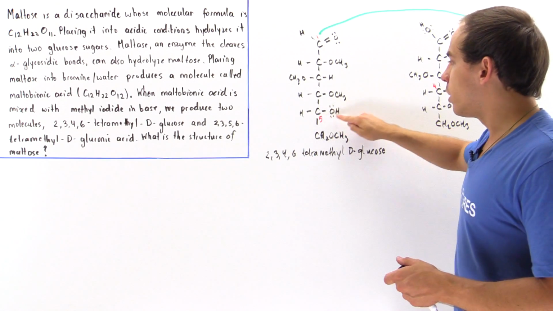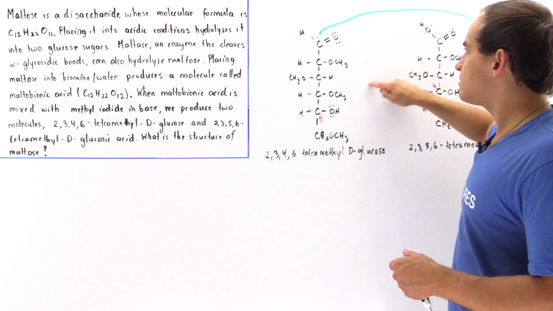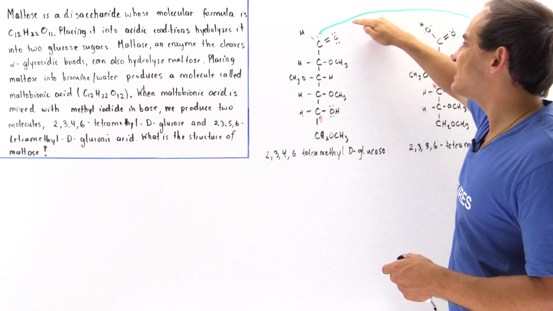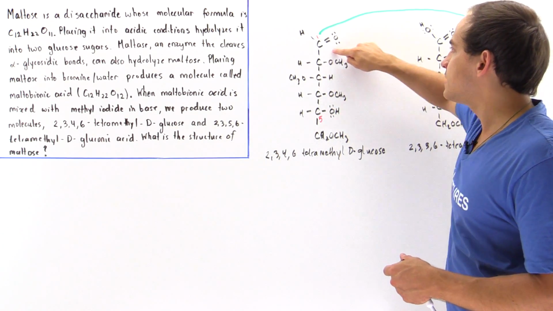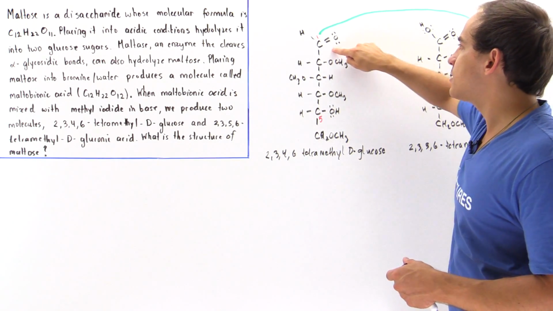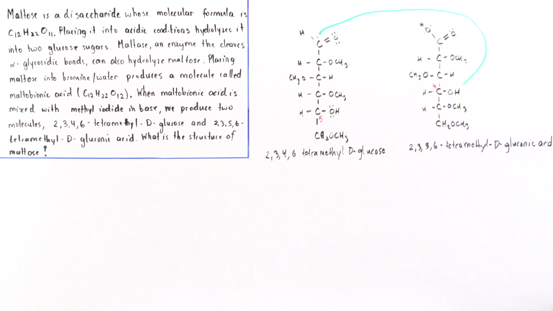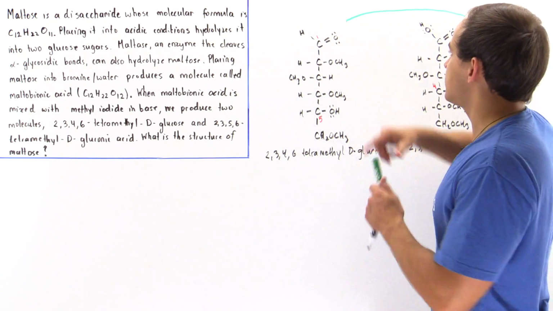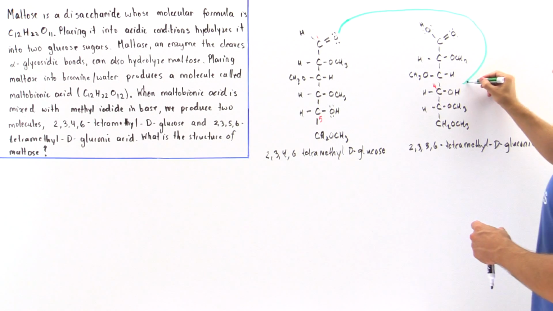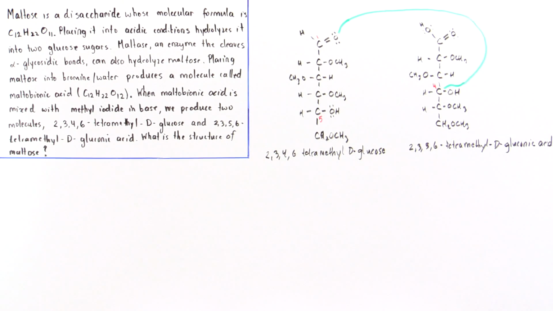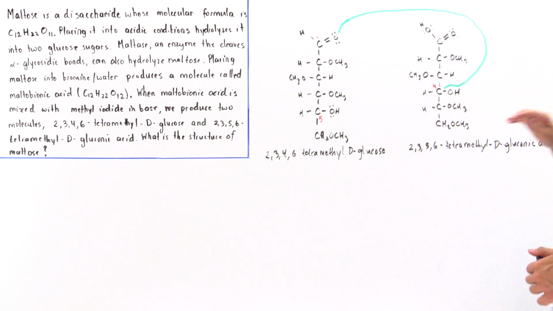This one is not methylated because this is the carbon that basically forms our cyclic ring. When this hydroxyl group attacks this carbon, it forms that cyclic 6-membered ring of our glucose molecule. Actually, more specifically, it's this oxygen that will form a bond with this carbon here. So let's actually draw the three-dimensional structure.